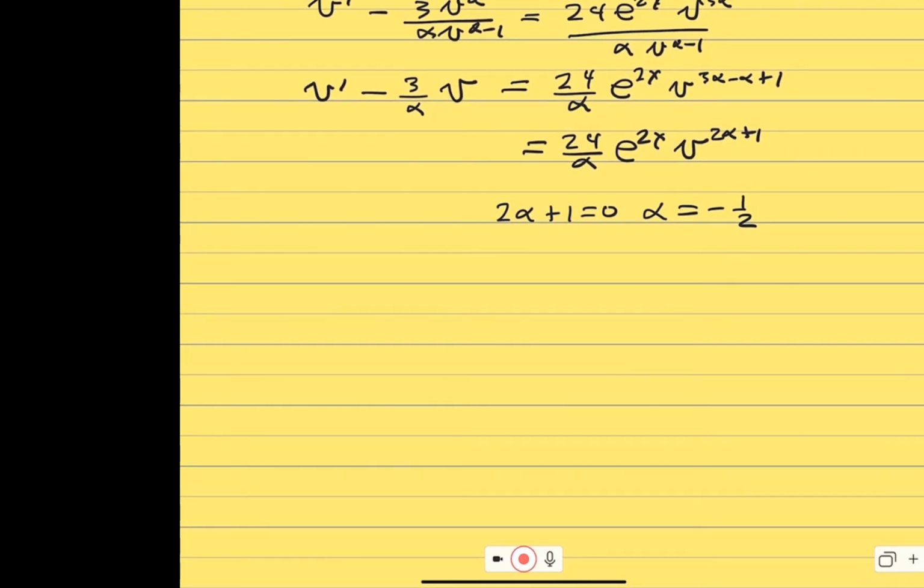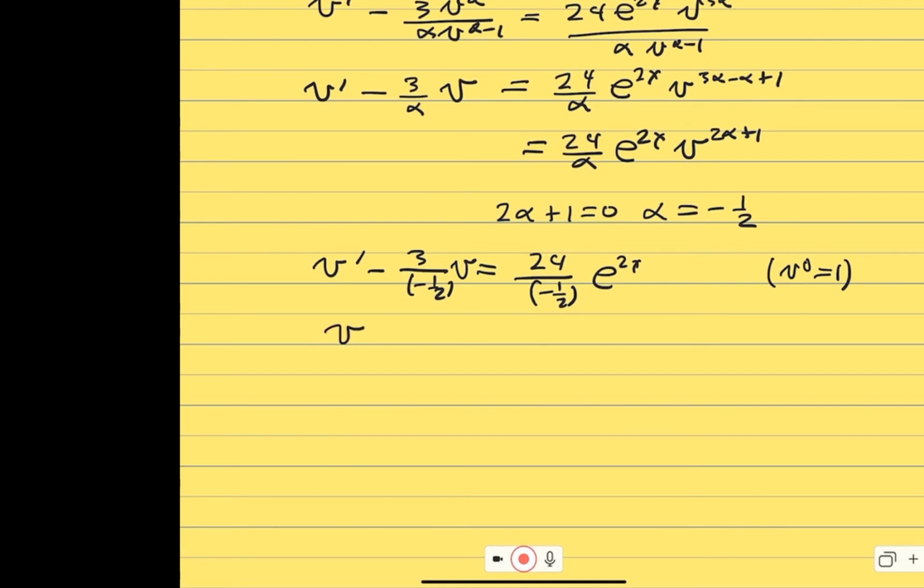If I put that in the equation here, we get v prime minus 3 over minus 1/2 v is 24 over minus 1/2 e to the 2x and times 1, where I'm using v to the 0 is 1, so I can ignore that. Dividing by minus 1/2 is the same as multiplying by 2.